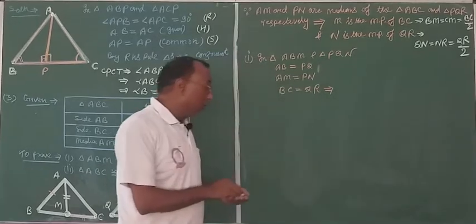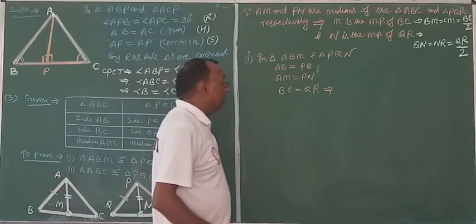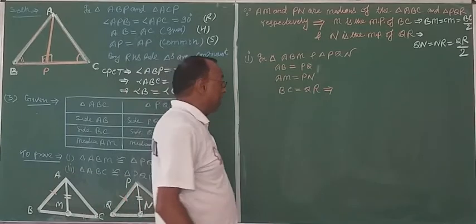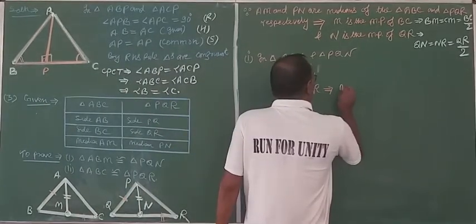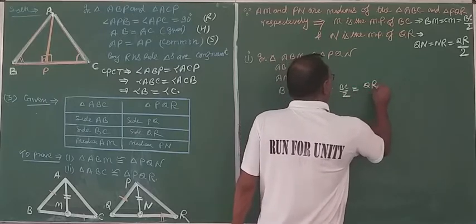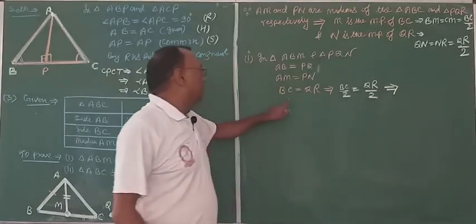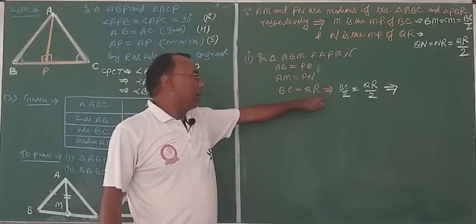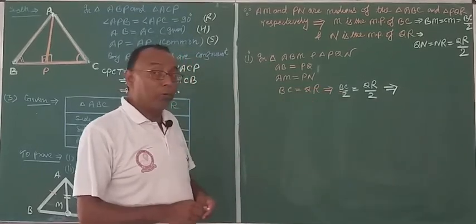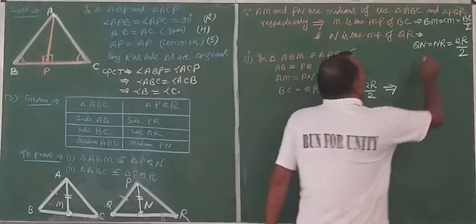Now BC is equal to QR. It means if I divide both sides by 2, they will be equal. It means BC upon 2 will be equal to QR upon 2 or not? Yes.